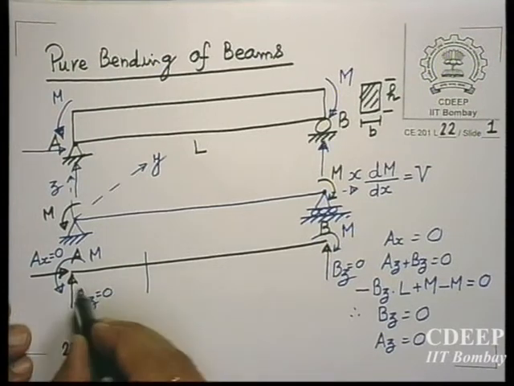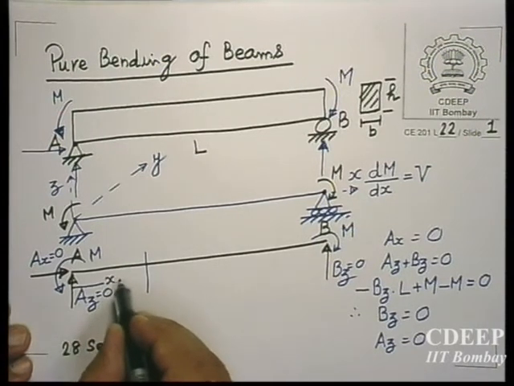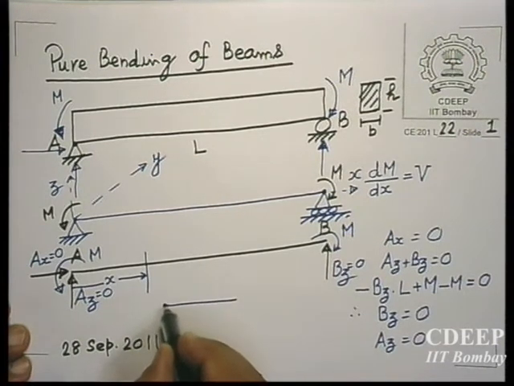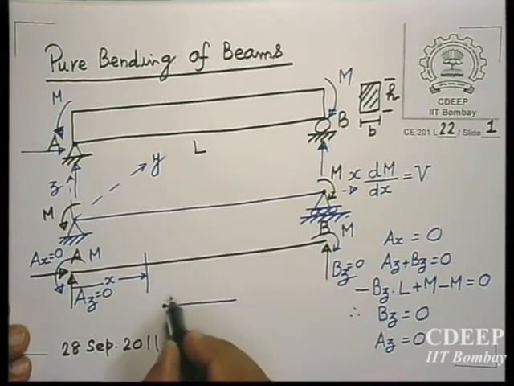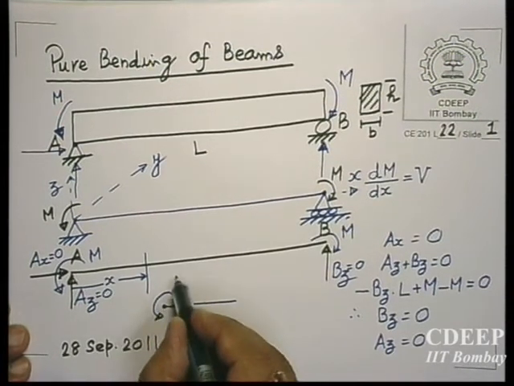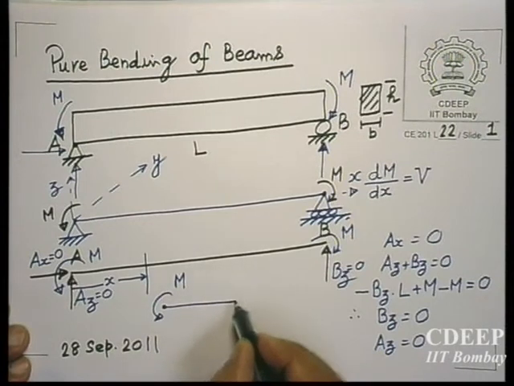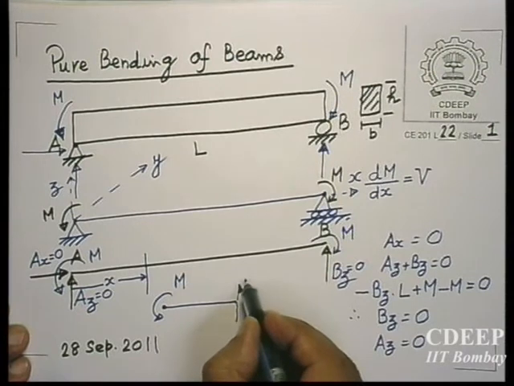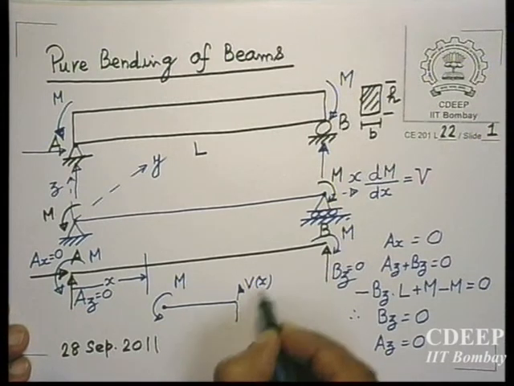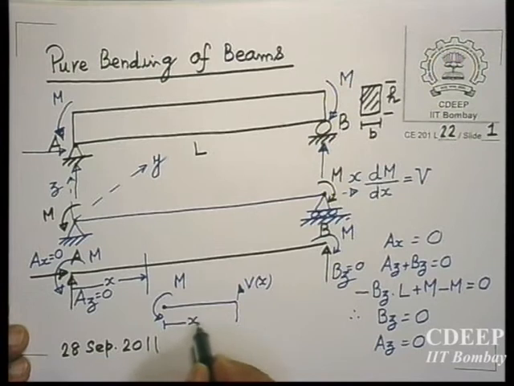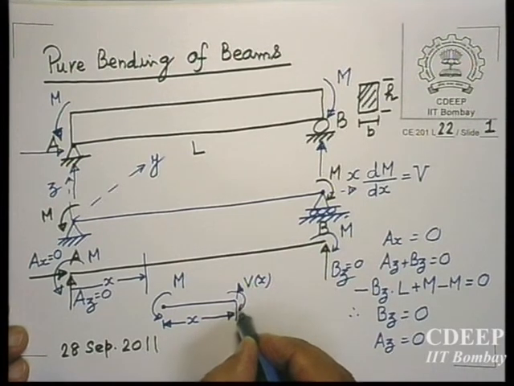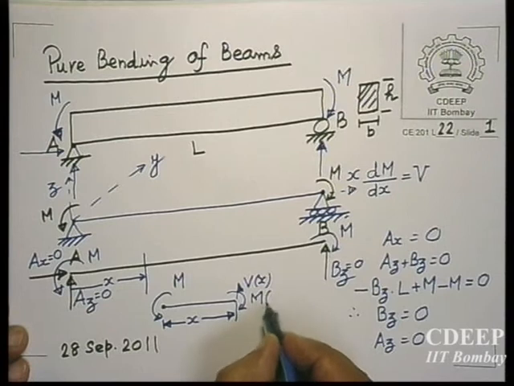Now let us take a section at a distance x from the left end and draw the free body diagram. There are no support reactions, but there is a moment M here. At any cross section at a distance x you have a shear force Vx, positive as per our positive convention, and a moment Mx at section x.